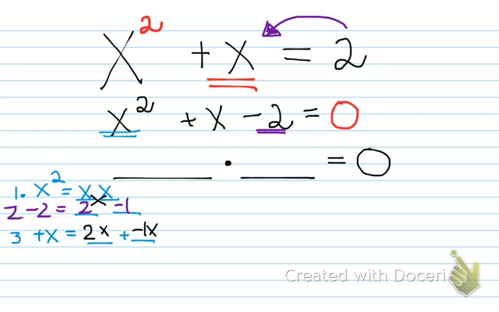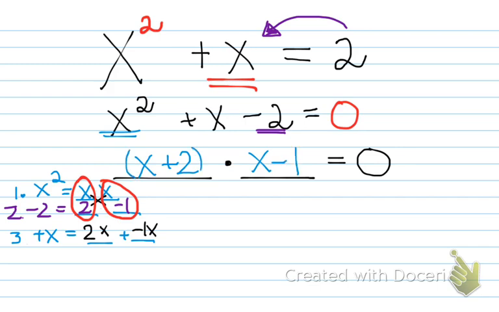Therefore, the numbers that you write on the blanks above will be the numbers that are up and down. So we have x plus 2 on the first line, and we have x minus 1 on the second line.